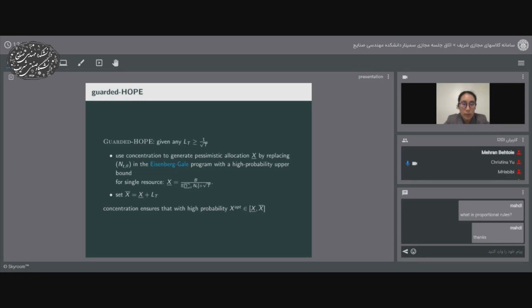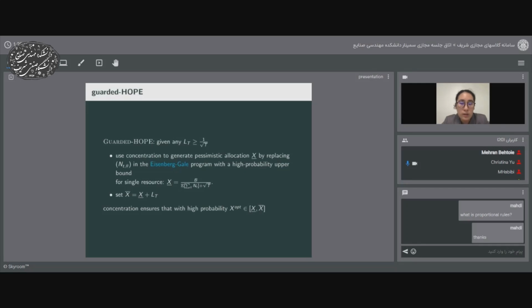We call this X lower bar, meaning that this is the amount that I want to minimally make sure to save for each individual. And if I allocate by this amount, then I will guarantee that I have enough because it's computed using an upper bound on the demand. So in a single resource type setting, the upper bound on the demand would just be your expected demand plus root T because, again, because of standard concentration, you expect your deviation to be on the order of root T. And so this X lower bar is going to be your total budget divided by this upper bound on the demand.